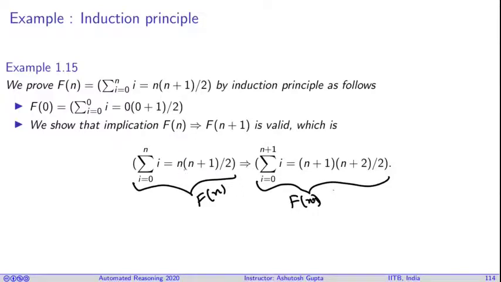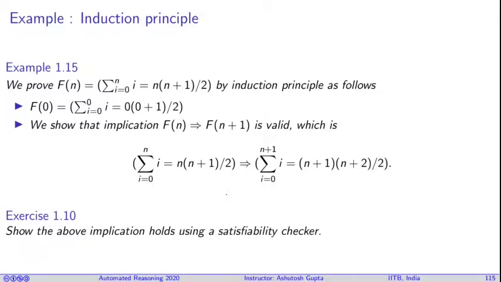Okay, now what you can do is pass this formula to a satisfiability solver, and the satisfiability solver would be able to check that this formula is a valid formula. So why will a satisfiability solver be able to do that?